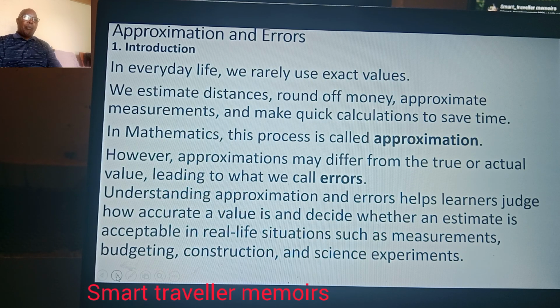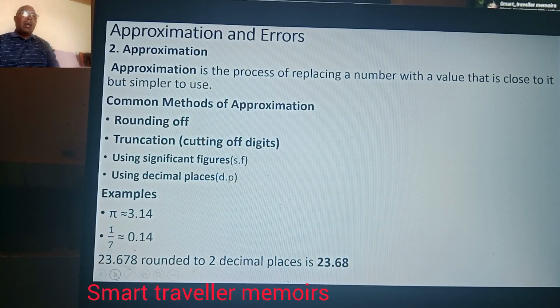However, approximations may differ from the true or actual value, leading to what we call errors. Understanding approximation and errors helps learners judge how accurate a value is and decide whether an estimate is acceptable in real-life situations such as measurements, budgeting, constructions, and science experiments.